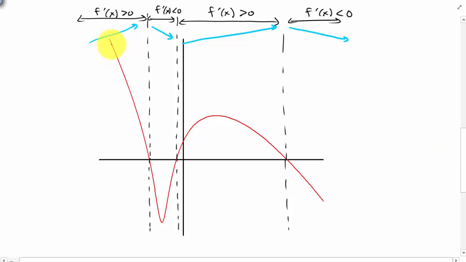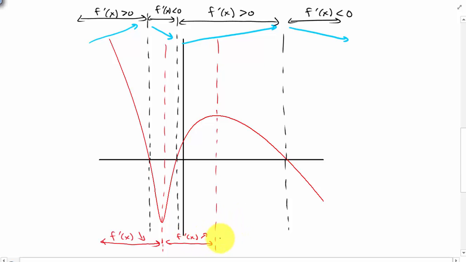My derivative is decreasing until right here, right? Then it is increasing until about here, and then it is decreasing all the way. So f prime of x is decreasing all the way.